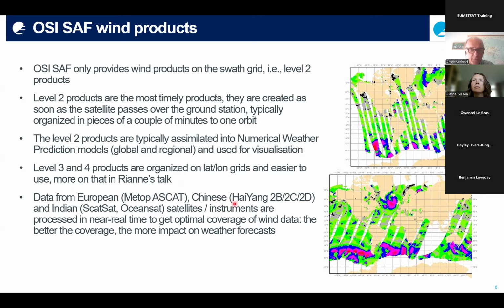They also carry scatterometers. And Indian satellites, so SCATSAT is not operational anymore, but we use OceanSat-3 currently. And we use as many satellites and instruments as we can to get optimal coverage of wind data. So the better the coverage, the more impact we get on weather forecast.